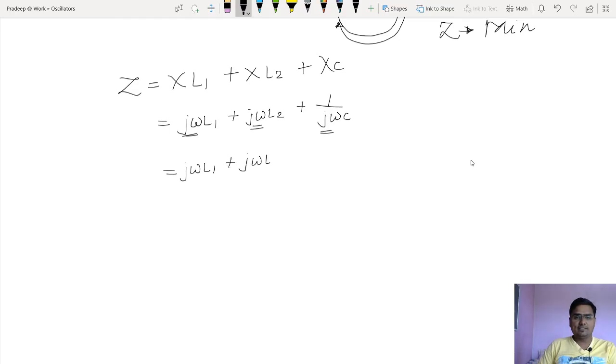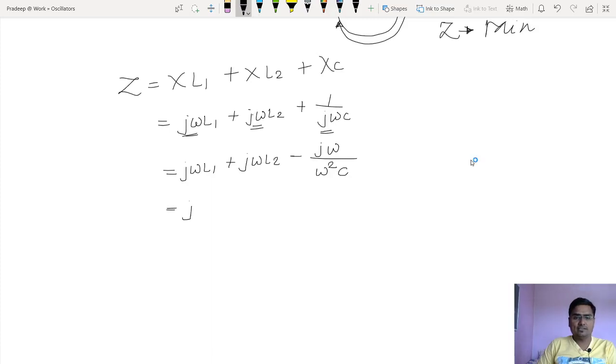Now here I will get minus j omega divided by omega square C, because I have to write omega multiplied by omega. Yes, now it is possible to take out this j omega as a common factor.